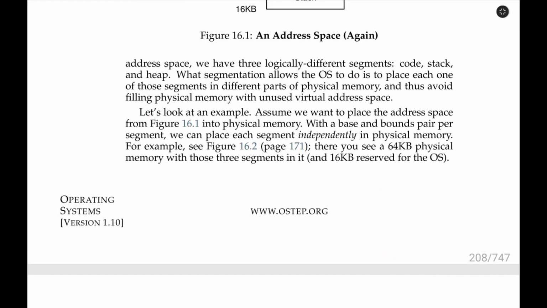Assume we want to place the address space from figure 16.1 into physical memory with a base and bound pair per segment. We can place each segment independently in physical memory. For example, see figure 16.2, page 171. There you see a 64 KB physical memory with those three segments in it, and 16 KB reserved for the OS.